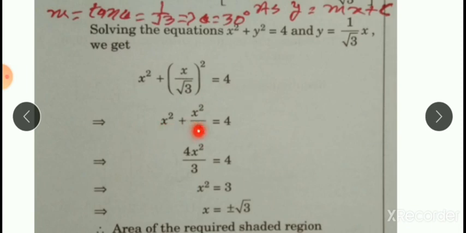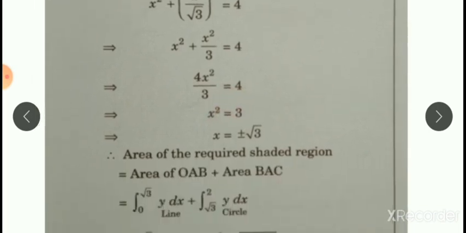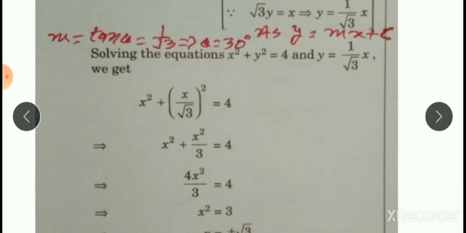Then we are getting this equation. After LCM, 4 x square upon 3 is equal to 4, x square is equal to 3. Then x is equal to plus minus root 3. We are getting here x is equal to plus minus root 3.